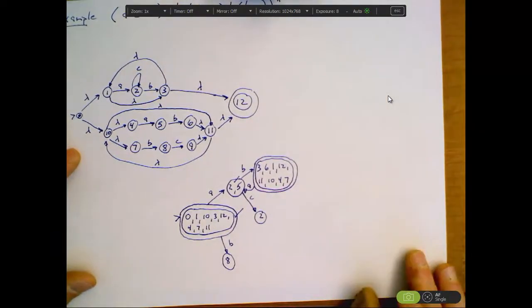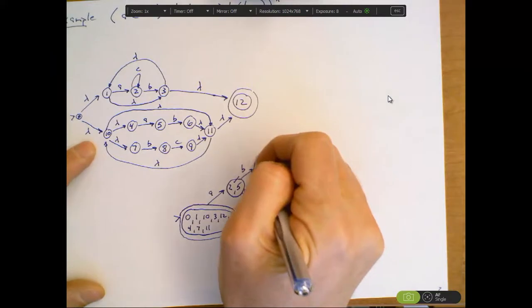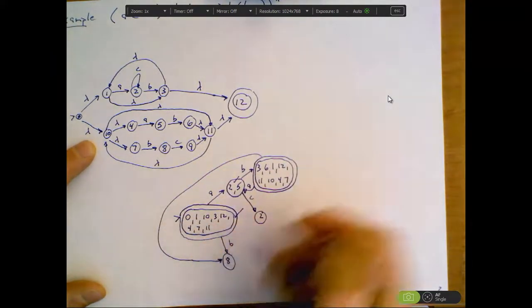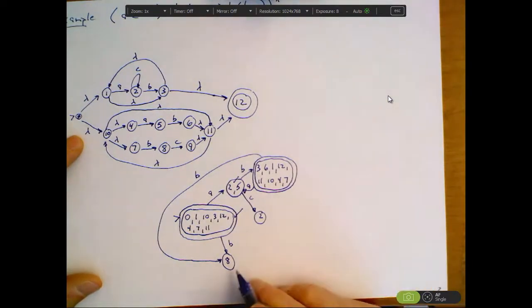I think for layout purposes, I'm going to go around the bend here. Come in the back door. That's on a B. Again, I should do the lambda closure of 8, but I think I subconsciously knew there was no lambda arcs there, so that was a state by itself.